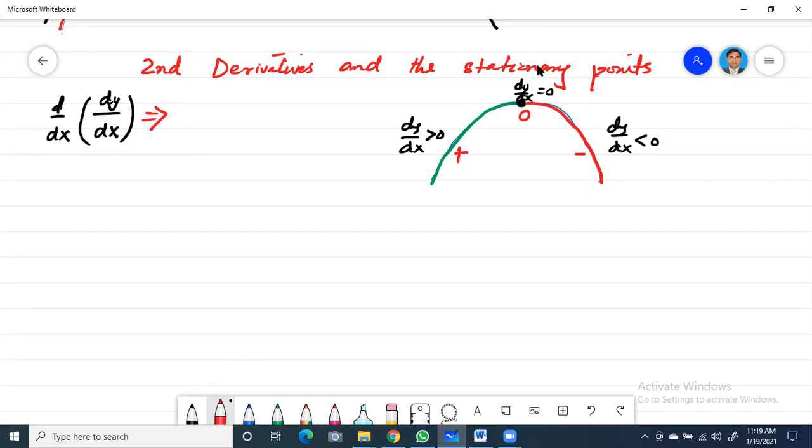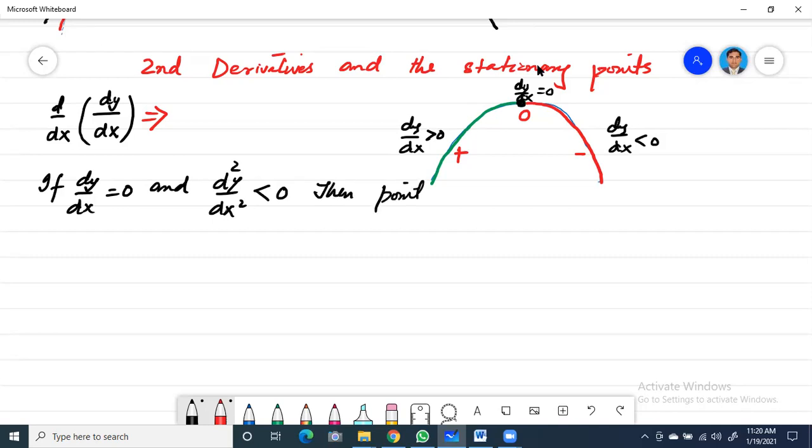But here dy by dx at the stationary point should always be 0. Then we can write like this: if dy divided by dx is equal to 0 and d2y divided by dx square, as I've shown, is less than 0, then the point is the maximum point. Here in this curve, you can see this turning point is the maximum point.